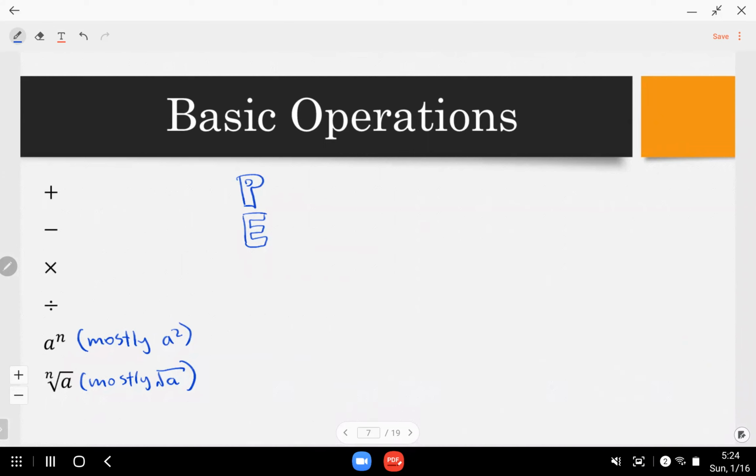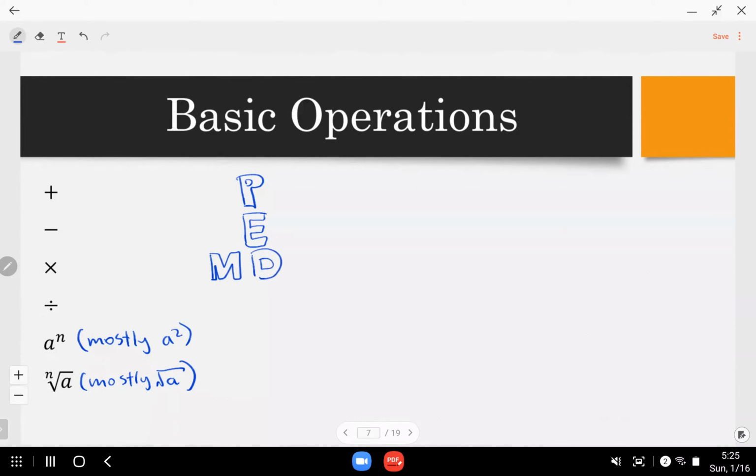But remember, there's that common misconception that multiplication comes before division. That's not true. They're on the same level, and when you have multiplication and division, you go left to right.